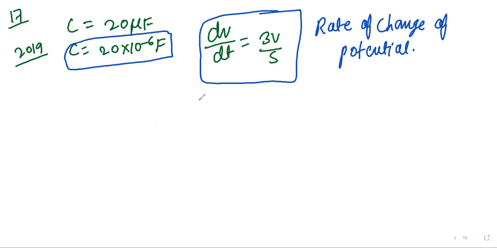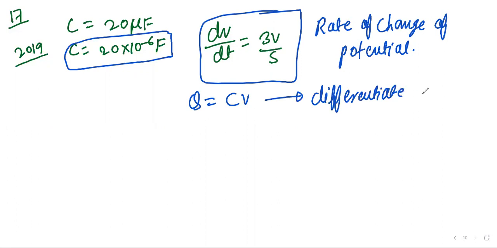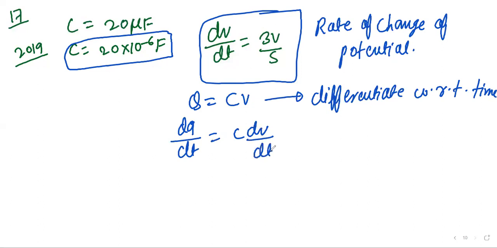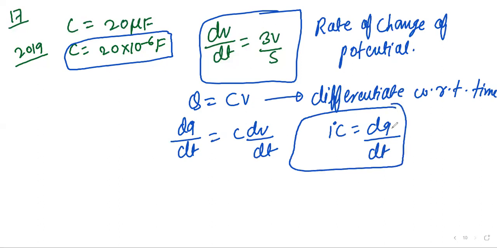And as we know, charge is equal to capacitance into voltage. So differentiate this equation with respect to time. So then it becomes dq by dt is equal to C dV by dt, right? And as we know, IC is nothing but dq by dt, the differentiation of charge with respect to time.